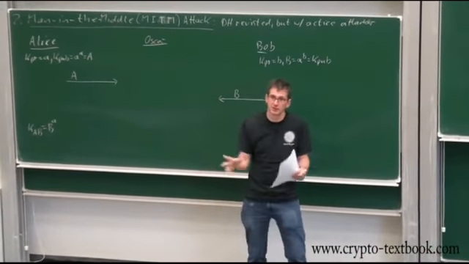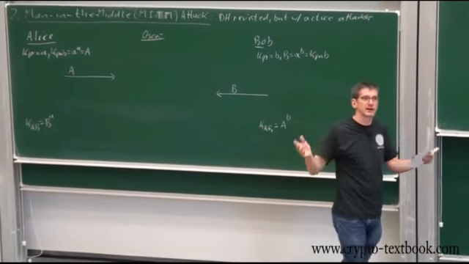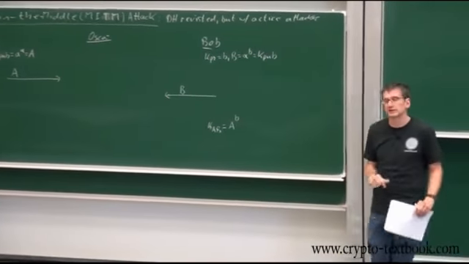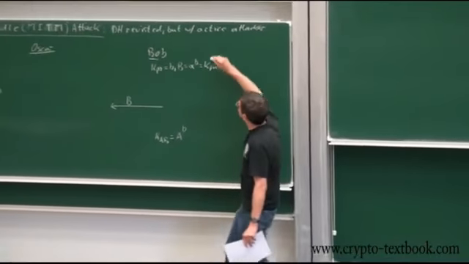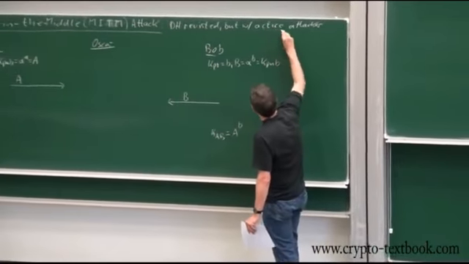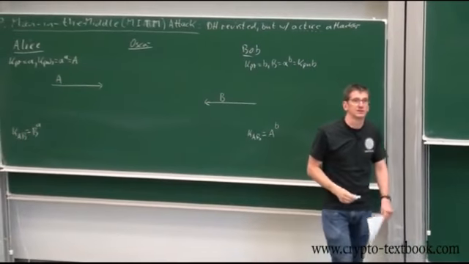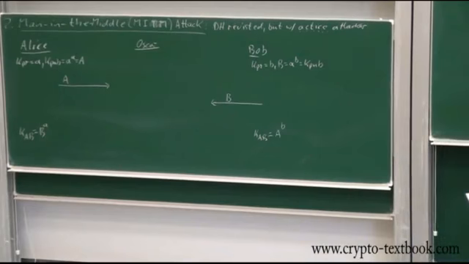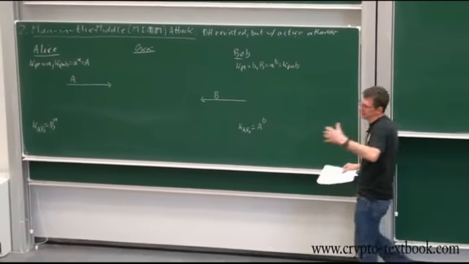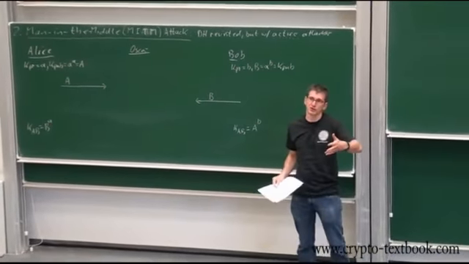And all the assumptions we had so far, using large primes and then everything is secure, this works if Oscar can only listen. But what about an active attacker, which we absolutely have to take into account? If you communicate over the internet, we have so little control over the channel.